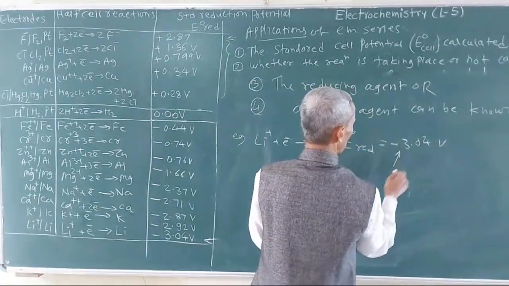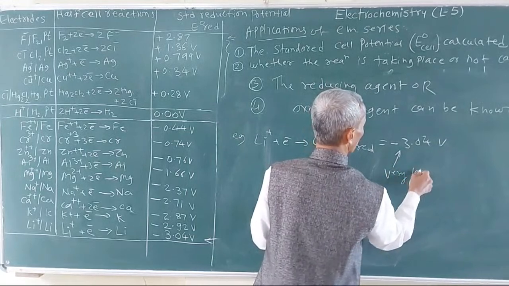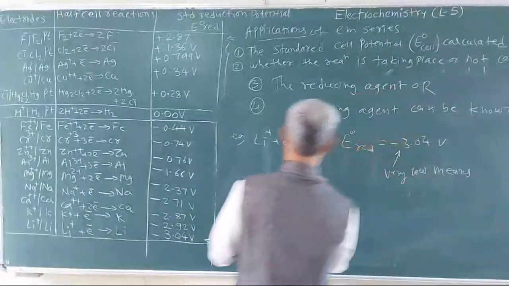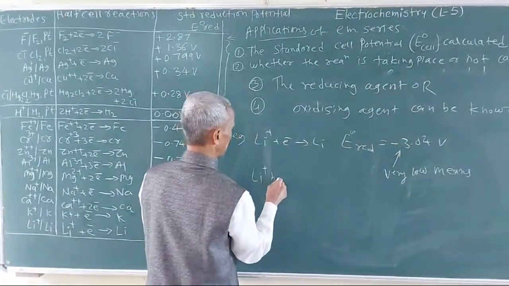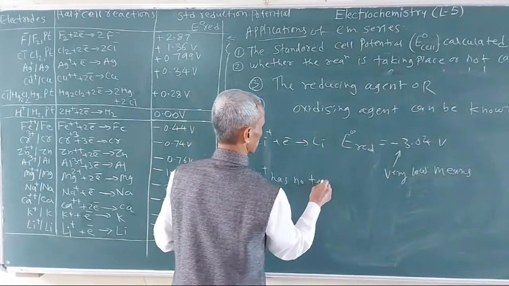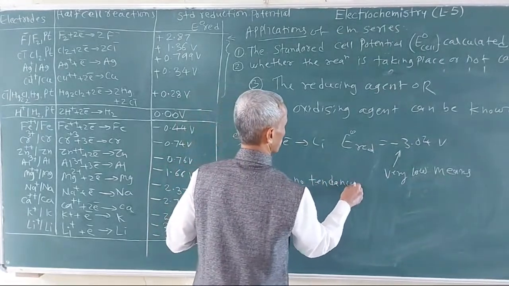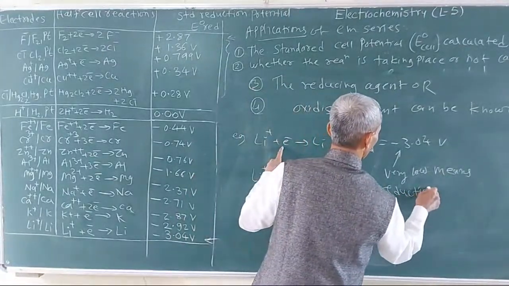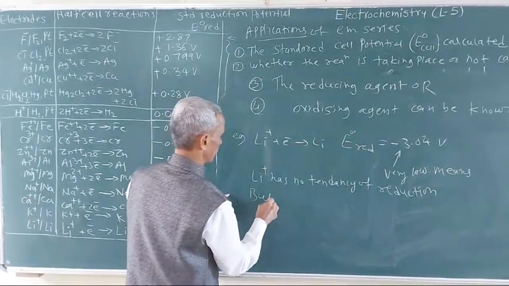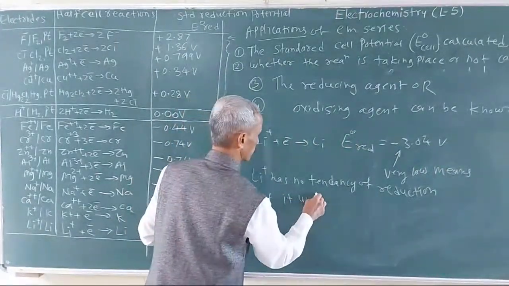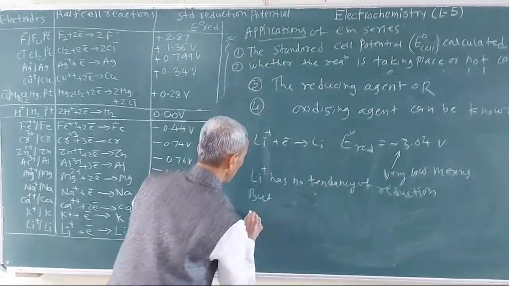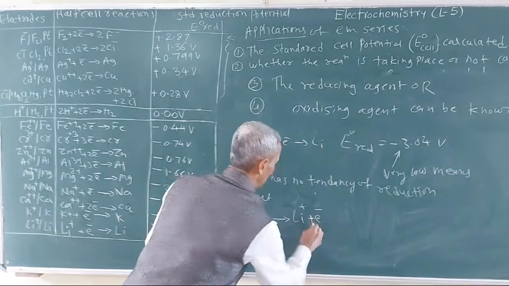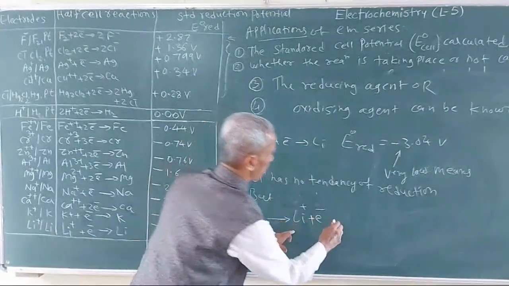This is a very low value. It means Li+ has no tendency of this reduction. But what happens then? Lithium forms lithium ion and electron, and this is the loss of electron, that is oxidation.